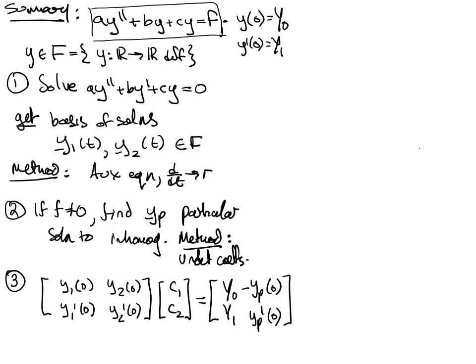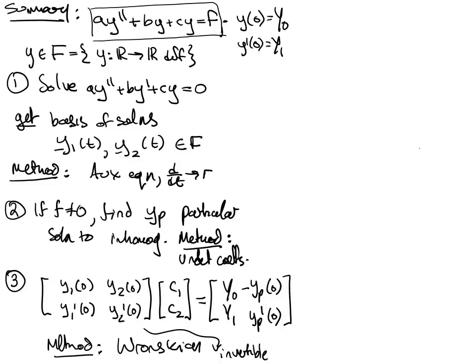But now this is just a 2 by 2 row reduction problem. The reason this is always solvable is, well, it's row reduction, but the reason it's solvable is that there's this Wronskian lemma, which tells us that this is always invertible.